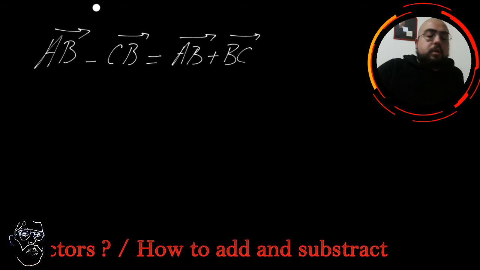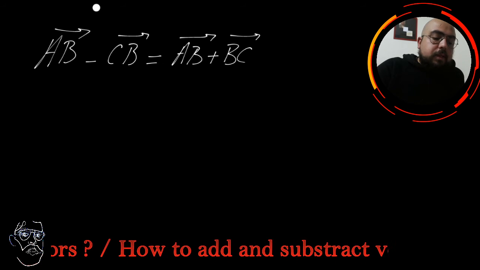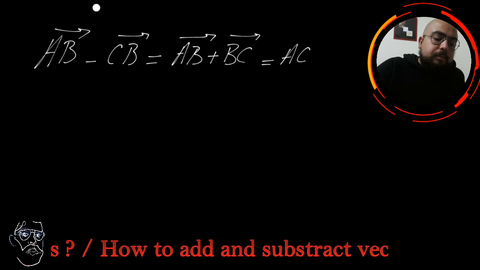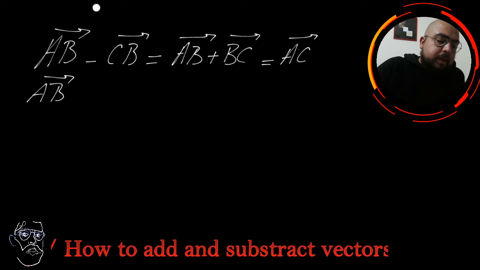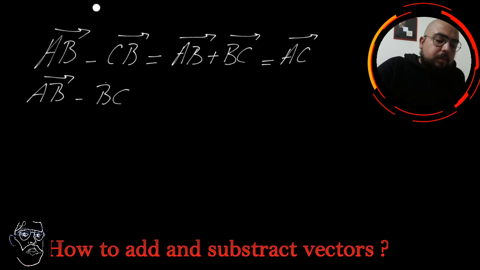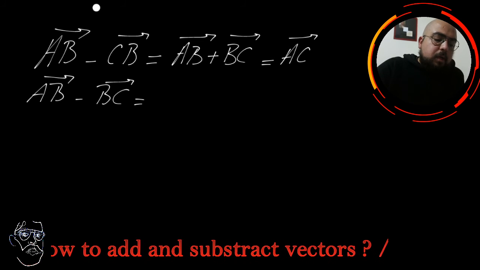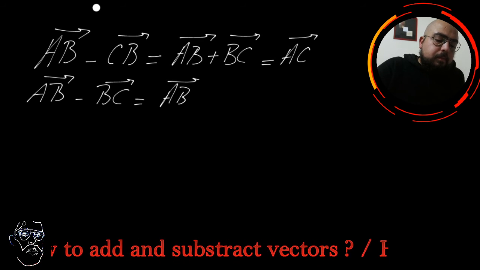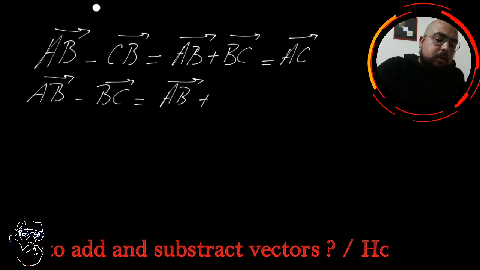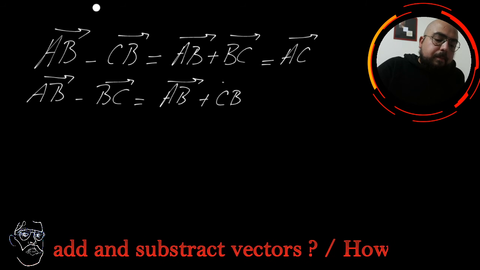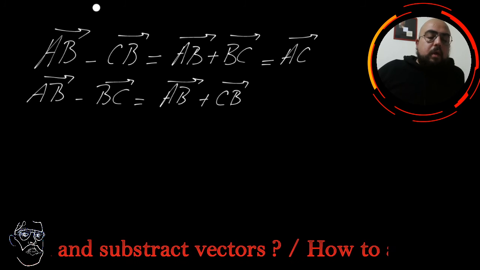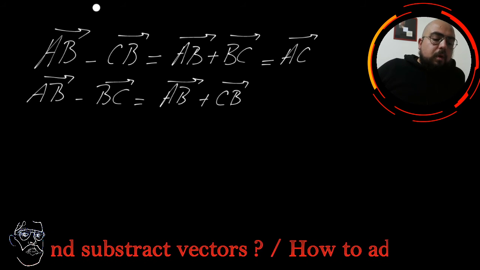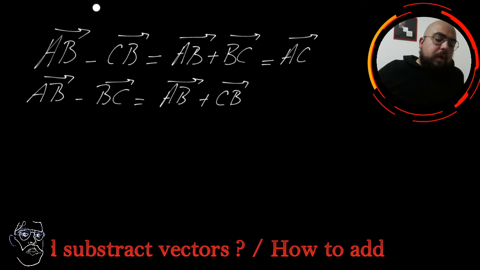You simply use the triangle law or Chasles law, it will give you AC. Now what if I had AB minus BC? So you will have AB plus CB. Now in this case, you do not have the addition of two vectors having the same origin or two consecutive vectors.